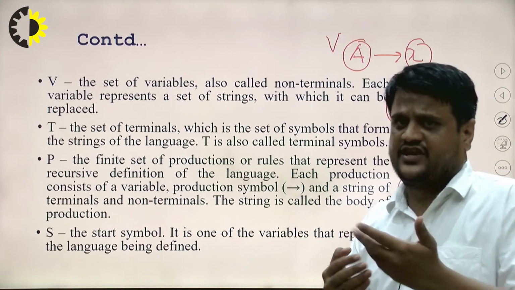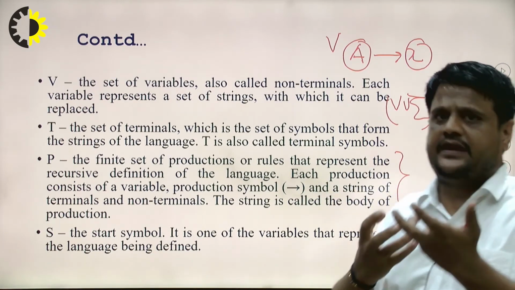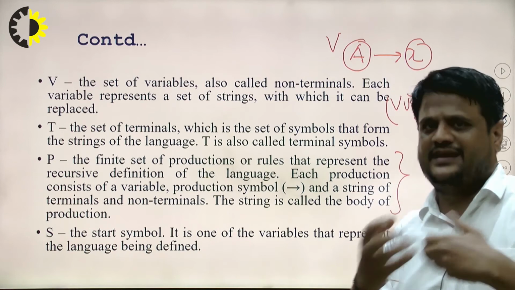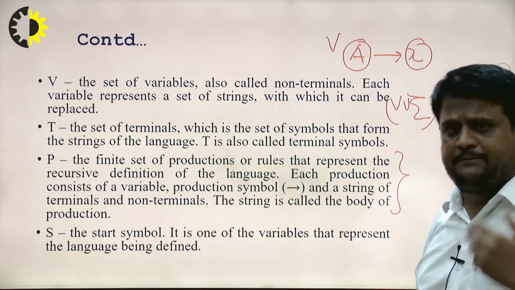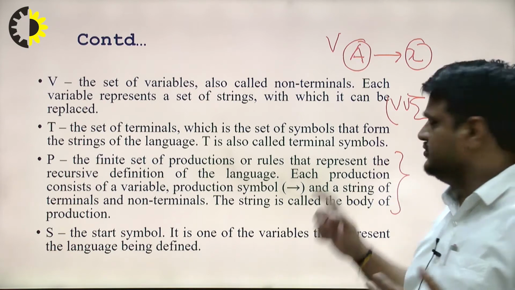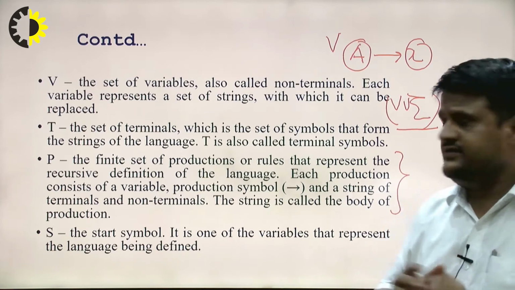We will generate the Kleene closure of that, so we will generate a string of combinations of variables as well as terminals. Star will also include epsilon or lambda, the null string. So this particular grammar will also support that.